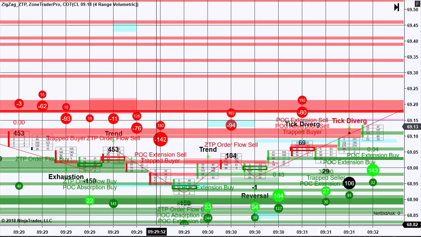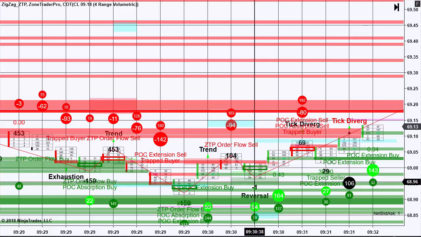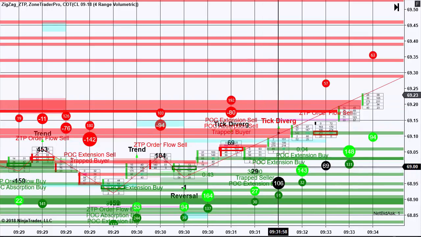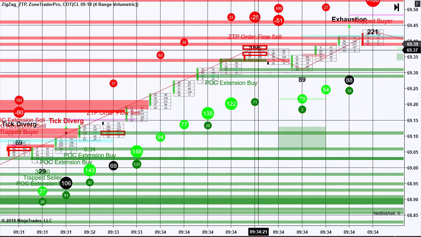This again though is something that would be considered high risk. So what do we want to wait for? Well, we want to wait for it to come back to the intermediate zone, and we again see extension zones being created, and that takes us again up to a high up here.